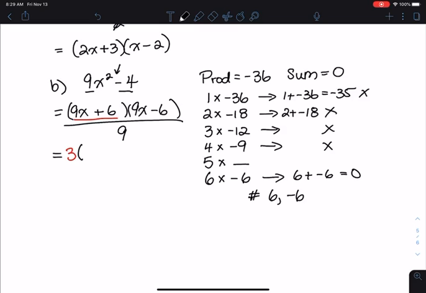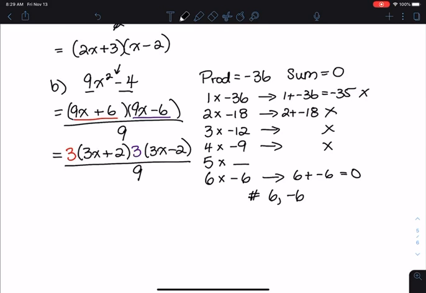And 9x plus 6 divided by 3 gives me 3x plus 2. Look at the second term, 9x minus 6, also 3. And my leftovers are dividing that by 3. I get 3x minus 2. And this is all divided by 9.